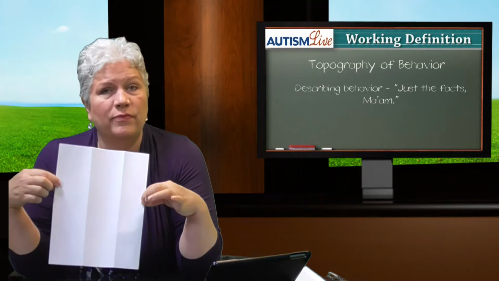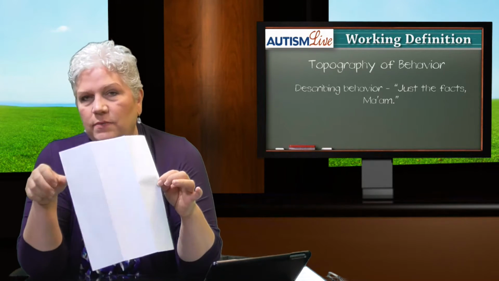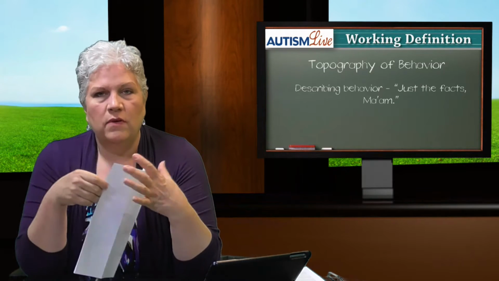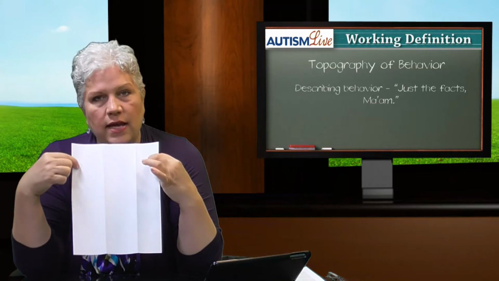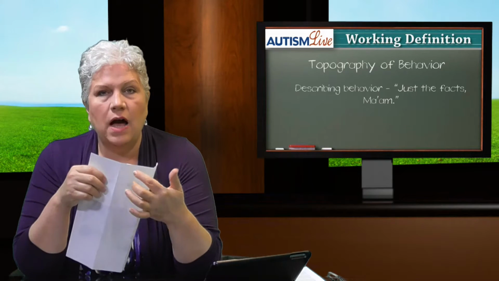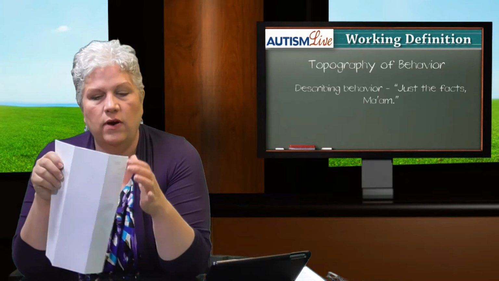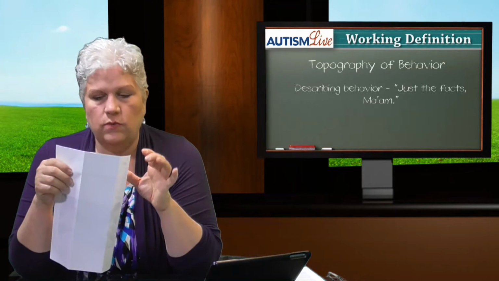There's not yet an app for this, but it's a plain piece of paper folded in three, right? We've talked about this before, the ABCs of behavior, three columns. There's an A, a B, and a C. The A stands for antecedent. It's what happens before the behavior. The B column is where you write about the behavior, and the C column is where you write about what happened after the behavior. What were the consequences for the behavior?